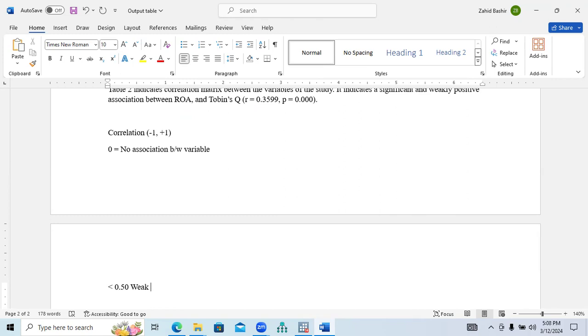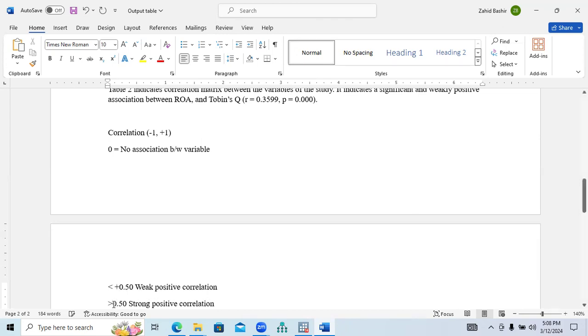weak positive if your value is greater than 0. If your value is greater than 0.50, it is strong positive, in case of a positive sign.